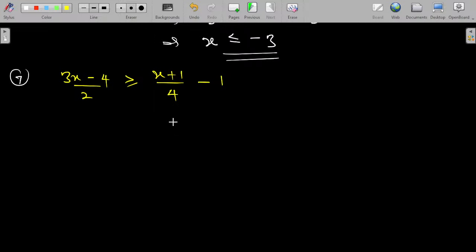First of all, we need to gather the fraction on the right hand side, so this one will come down the same way. Is greater or equal to, if you take LCM here, this over 1, so you have 4, and here it is going to be 4 into 4 is 1, and then you have x plus 1, and 1 into 4 is 4. 4 times this will give us minus 4.